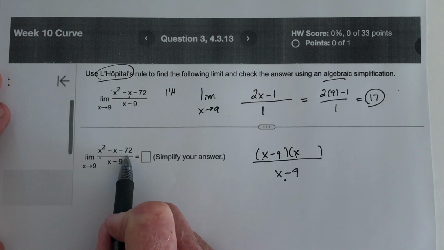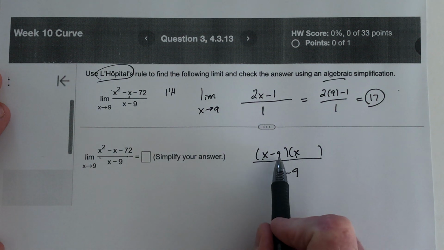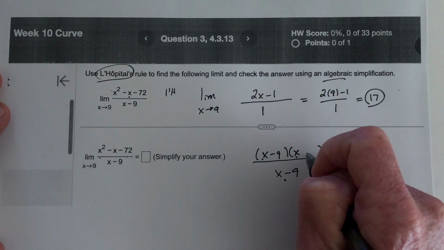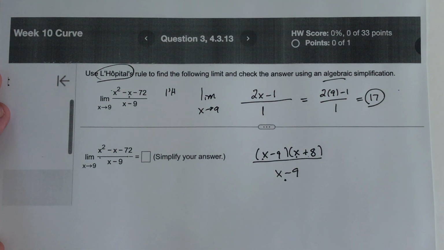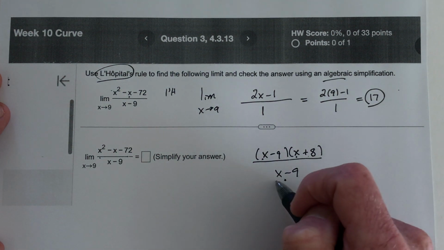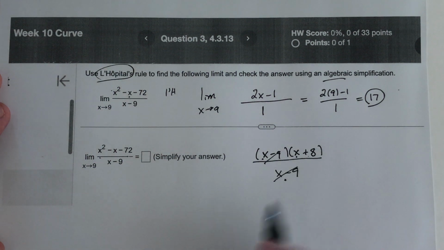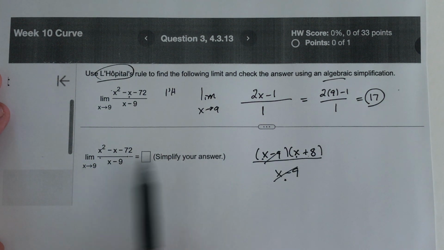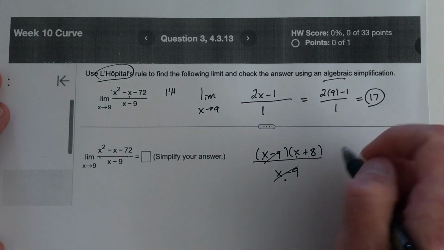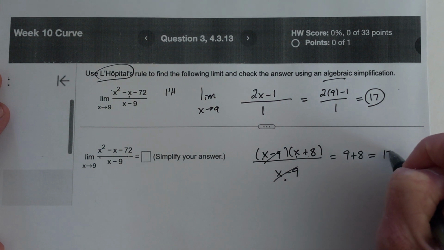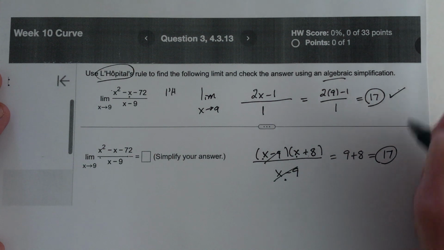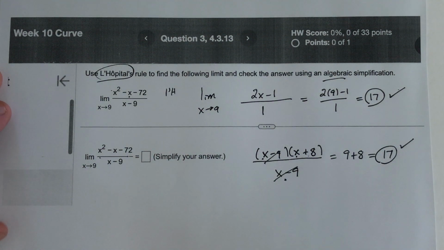Now I need to get a 72. And 9 times 8 is 72. And then I have it factored. So these are going to cancel. And then the x is becoming a 9, so if I put a 9 right here, that's going to be 9 plus 8. And once again, I do it in 2 completely different ways, but I get the same answer.